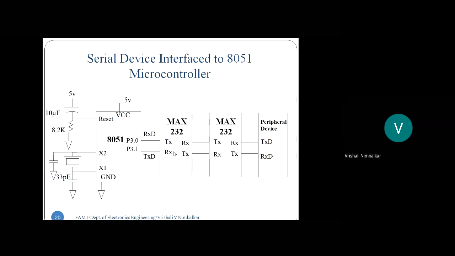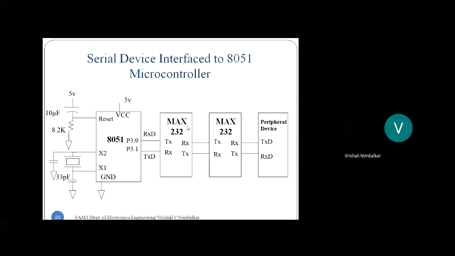Larger the noise margin, logic 1 will still remain logic 1 even in the presence of noise. Logic 0 will still remain logic 0 even in the presence of noise. Is that okay? So always while transmitting data, we need these level translators in between. And the conversion is done both ways.